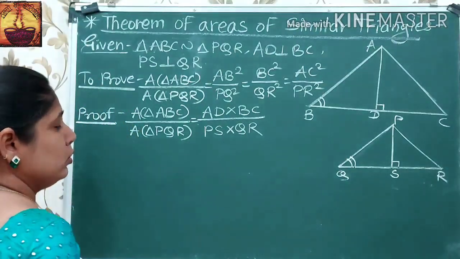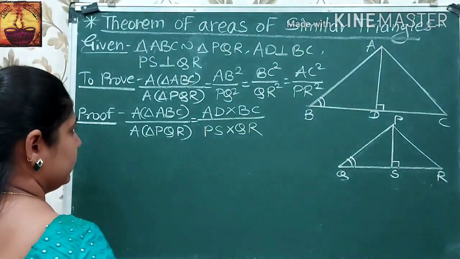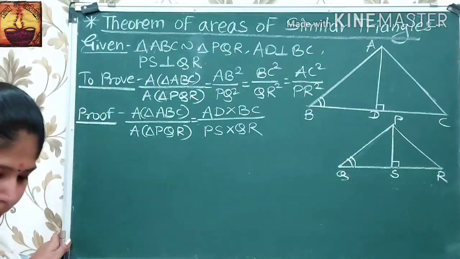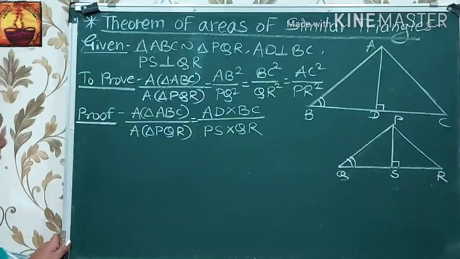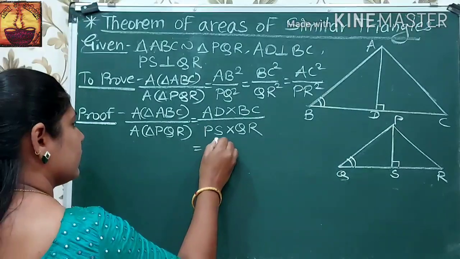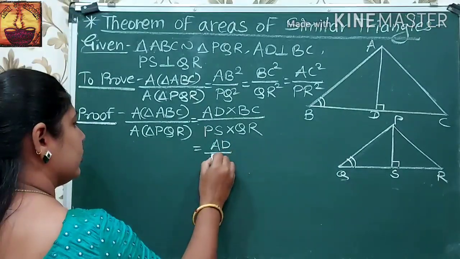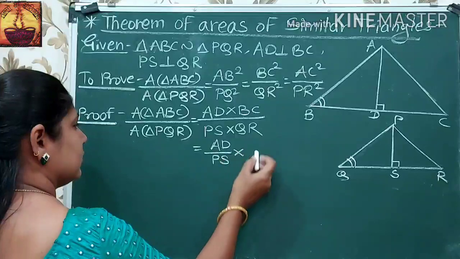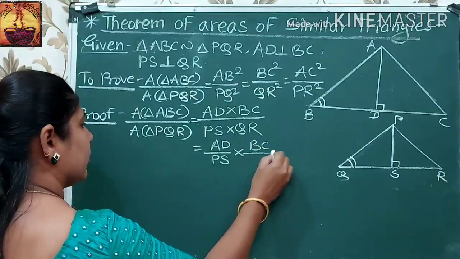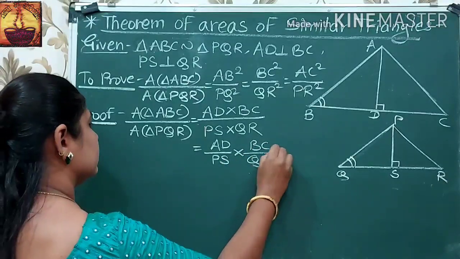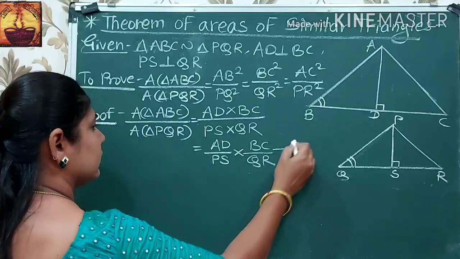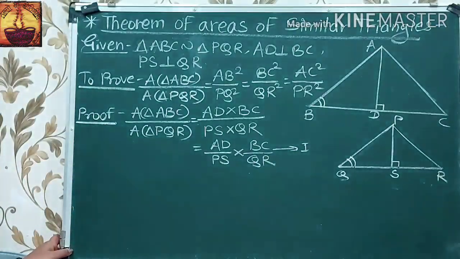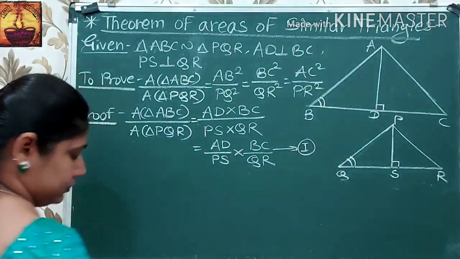Therefore, PS into QR. If we separate it, it is AD upon PS into BC upon QR. Let us consider it as number 1.